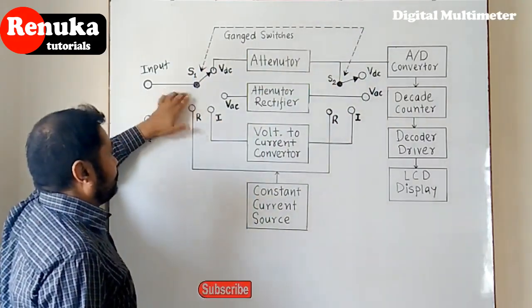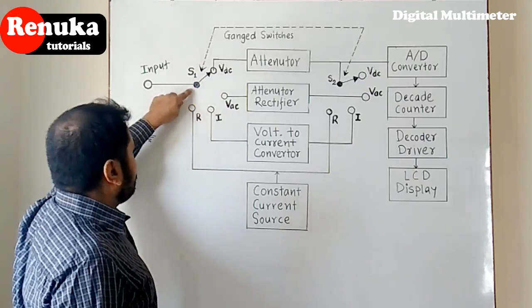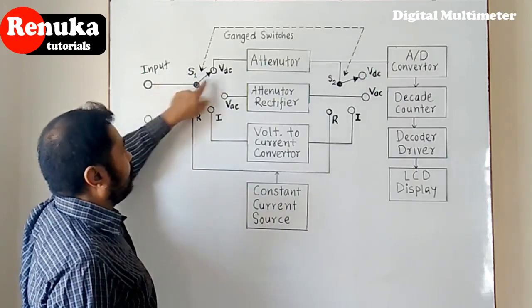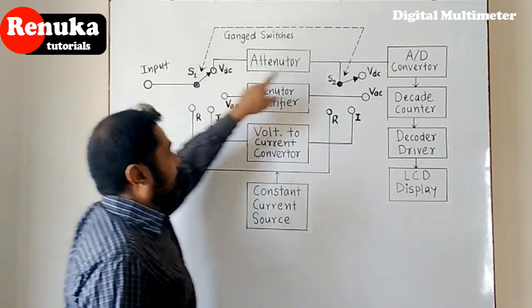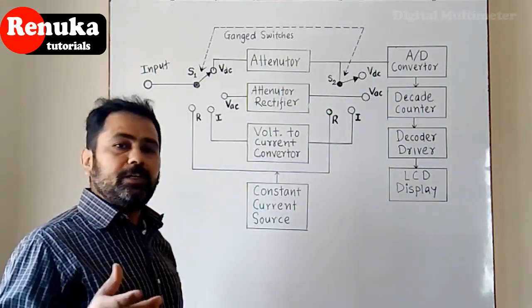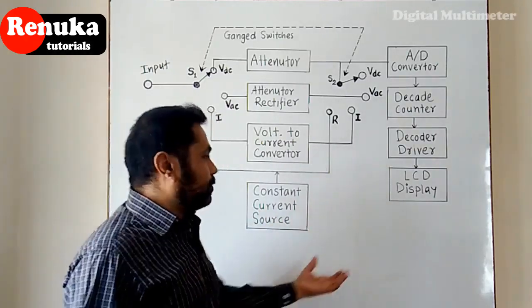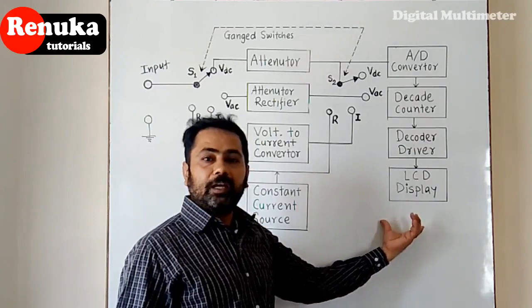First of all, let us see how DC voltage is measured. First, we have to set the range on VDC. Every DC voltmeter will have some ranges. Suppose we have selected a range between 0 to 20. That means the maximum permissible voltage here should be 20.